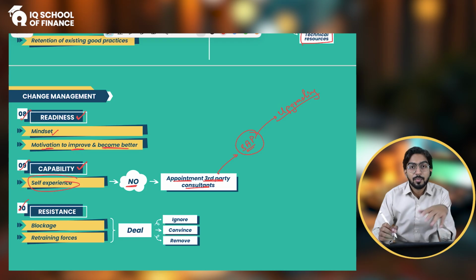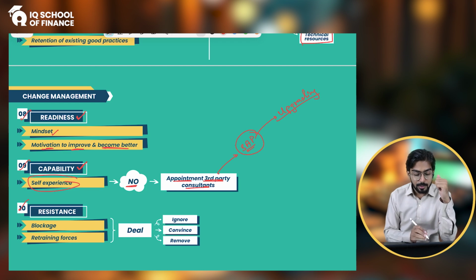They will train the employees, guide them, test them, and do every kind of thing, right? So there are consultants that do these kinds of things. So if you do not have expertise in-house, appoint someone else who is an expert in this.